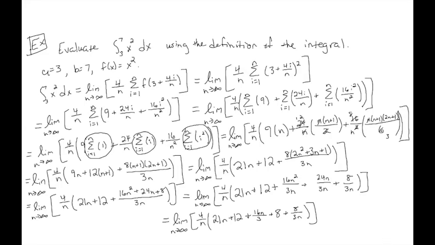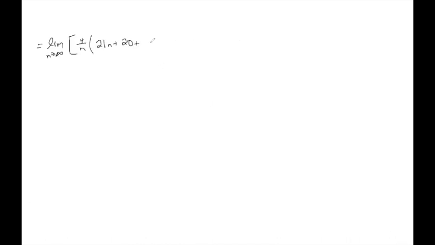Okay. So I get the limit as n goes to infinity of 4 over n times. And what did I have? I had 21n plus 20, just combining like terms there, plus 16n over 3 plus 8 over 3n. Great. Okay.